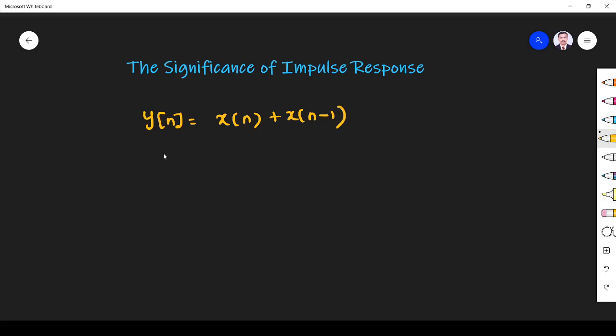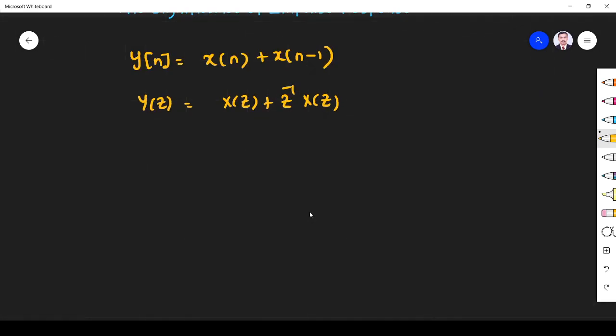How can we find the impulse response? First I take the z transform, so it will be y of z equals x of z plus z inverse of x of z. Now I find y of z divided by x of z, that is h of z. Z transform of output divided by z transform of input is equal to the transfer function.